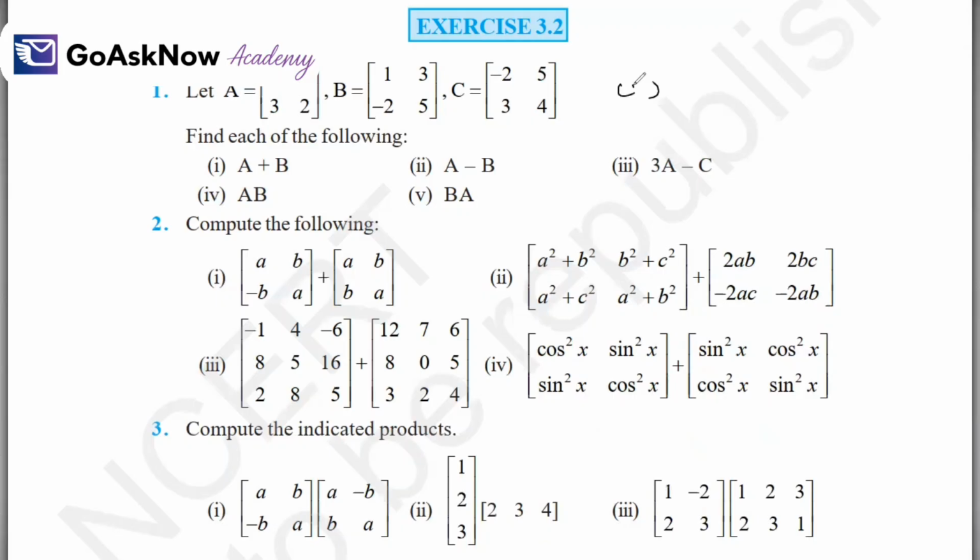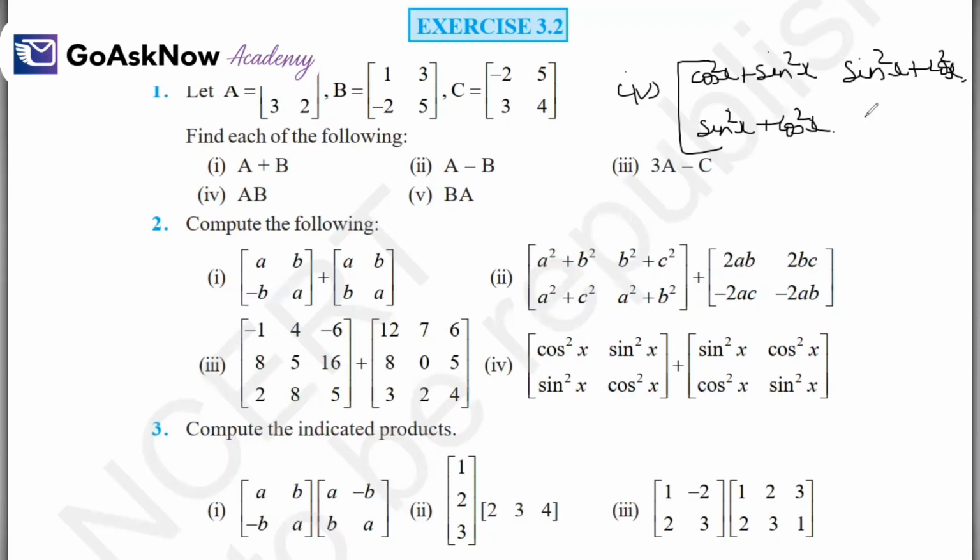For the fourth part, you will get what? In the first element, you will get cos square x plus sin square x. For the second, you will get sin square x plus cos square x. For the third, you will get sin square x plus cos square x. Each element you are getting the same value.